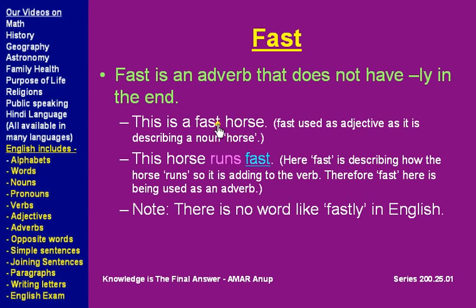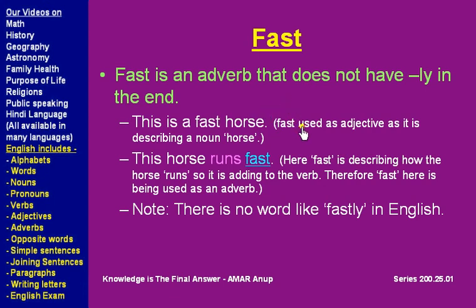What type of horse is this? Fast horse. So fast here is used as an adjective and is placed before the noun. In our other presentation on adjectives, you will see that adjectives describe a noun. So here the word fast is used as an adjective because it is describing the noun horse.